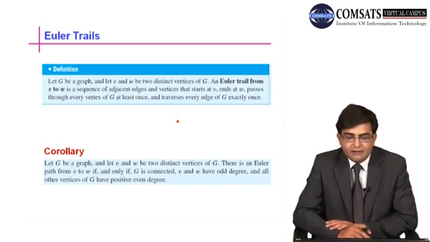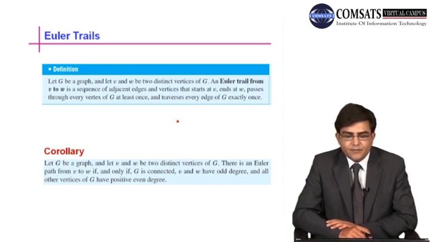An Euler trial from V to W is a sequence of adjacent edges and vertices that starts at V, ends at W, passes through every vertex of G at least once, and traverses every edge of G exactly once.